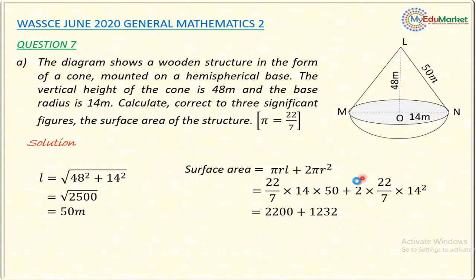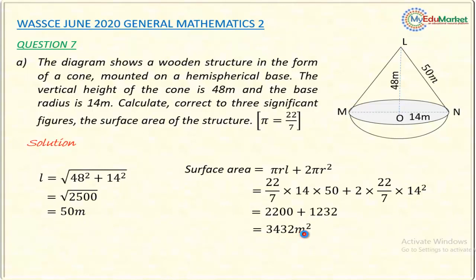And here the surface area of the hemisphere, 2 times 22/7 times 14², 14² means 14 times another 14, the 7 in one of the 14 is 2, so you have 2 times 22 times 2 times 14, that will be 1232. So I will now add the two areas to get the total surface area of that structure as 3432 meters square.